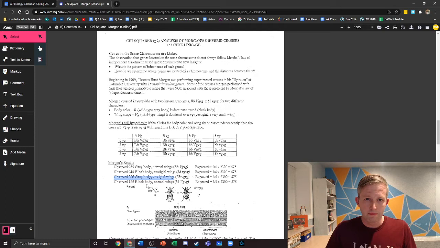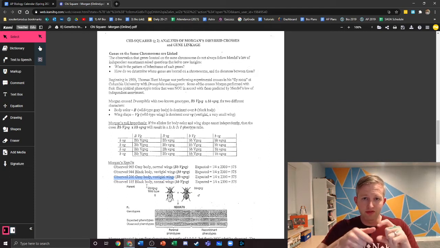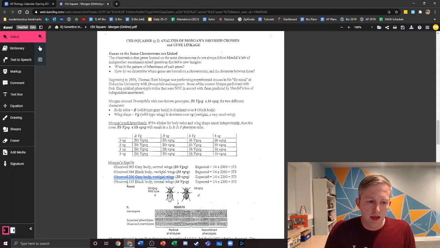Even though this organism had one chromosome that had the big B and the big V, and one chromosome that had the small b and the small v, it has somehow passed on a flipped version of that where it can pass on a mix of this, but not always.